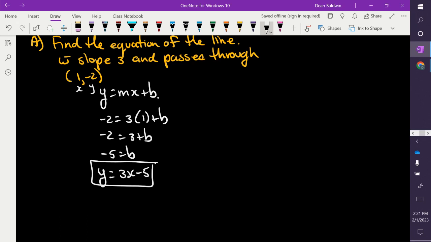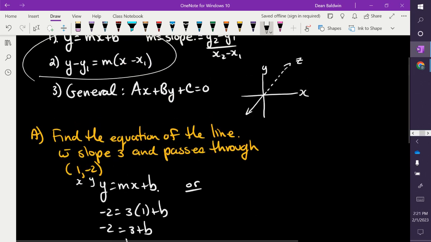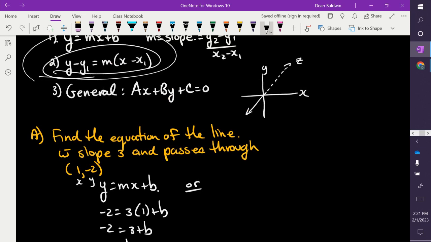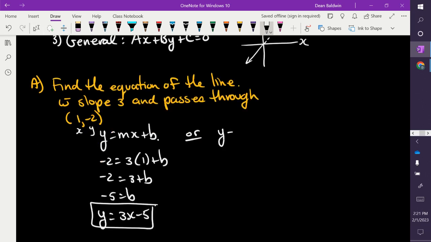Remember that from grade 10? Maybe. The other way to do it, and I don't care which method you use, some people like to use, because we have a point and a slope, the point slope equation. You plug in your slope and your point is x1, y1. So it would be y plus 2 is equal to 3 times (x minus 1).